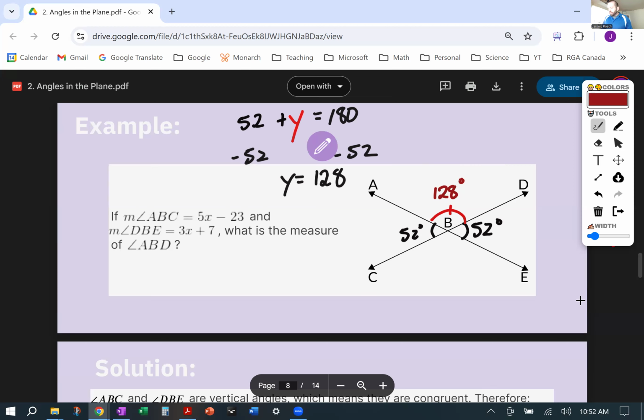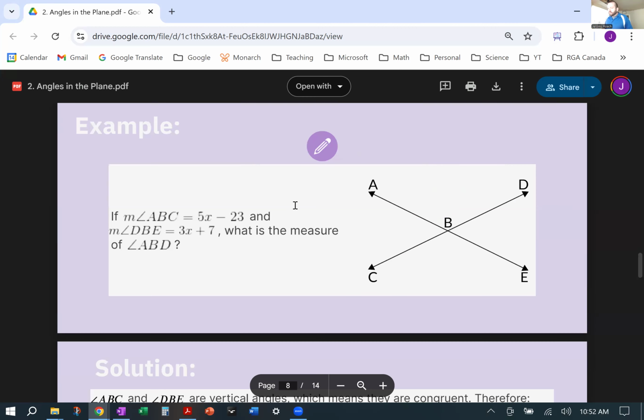I was reading through this very quickly, and I was making an assumption that it was talking about that angle, and it was not. So we actually had to do two different steps for this one problem. So 52 might also be an answer choice on the SAT. So just be mindful of that, and just be double checking what the angle is that you're solving for on the test.